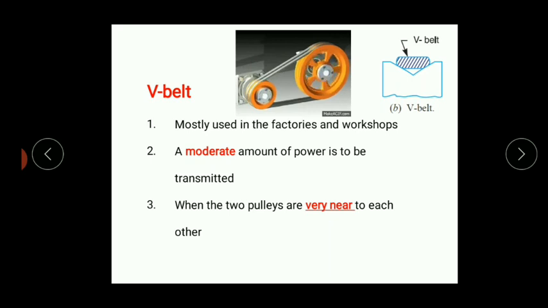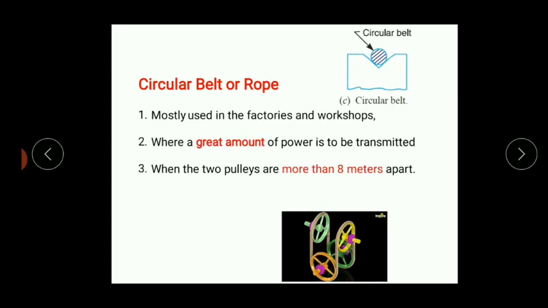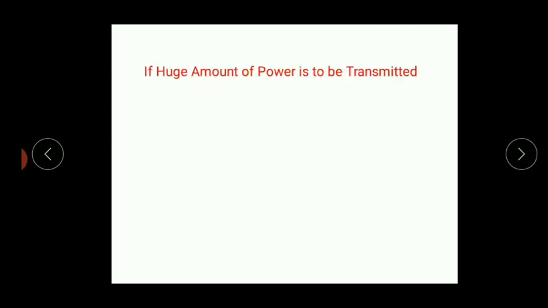As you increase the number of belts, the power to be transmitted increases. So for a higher amount of power transmission we can use the V belt by multiplying the number of belts, or we can use the circular belt or rope drive. As the number increases, the power transmitted is multiplied.